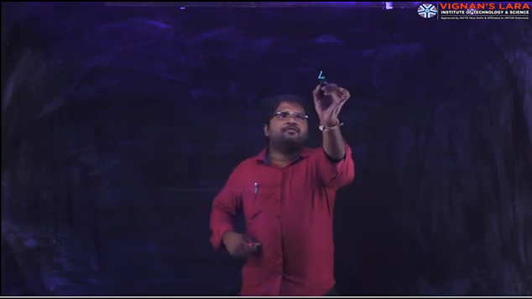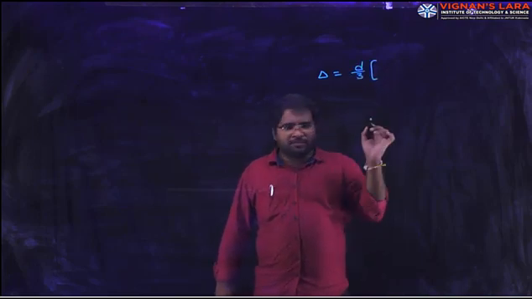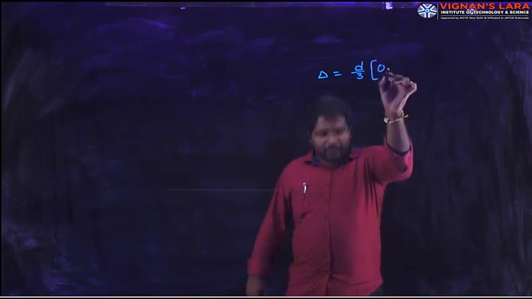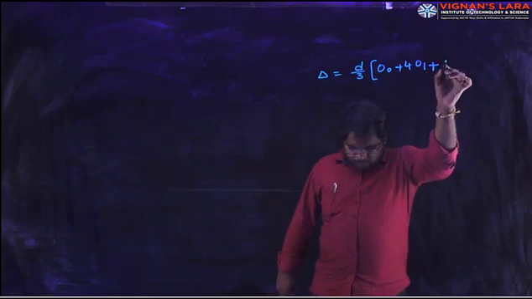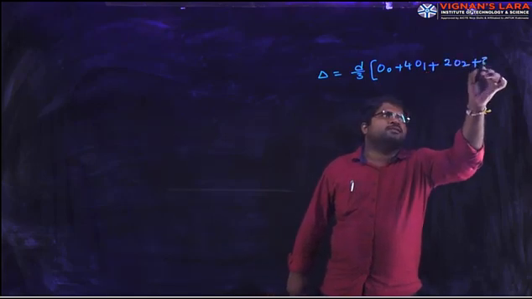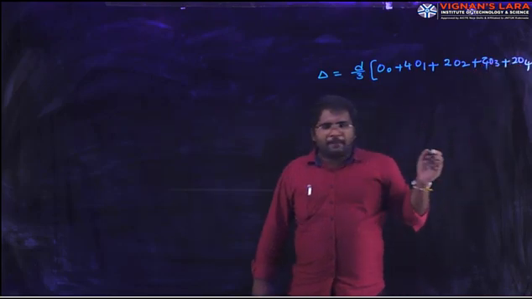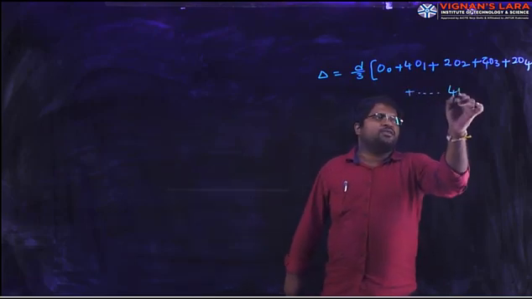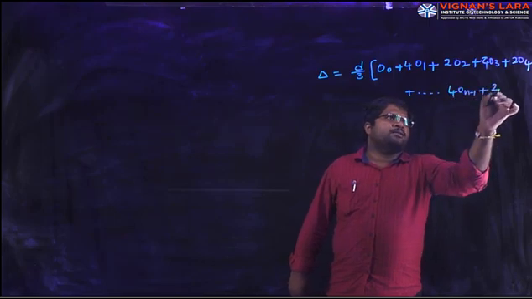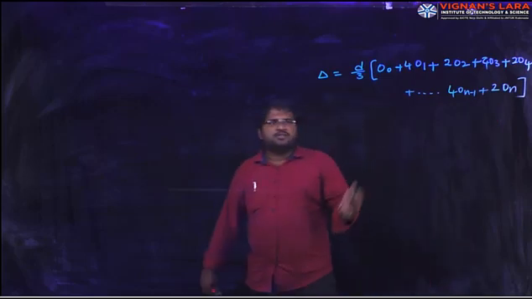By combining all values, finally you are going to get a value of delta equal to d by 3 into O0 plus 4O1 plus 2O2 plus 4O3 plus 2O4, plus on up to 4On minus 1 plus 2On. This is the equation you are going to get finally.